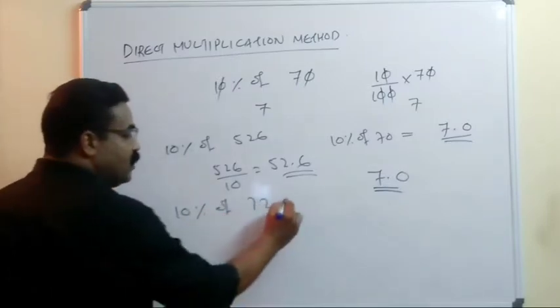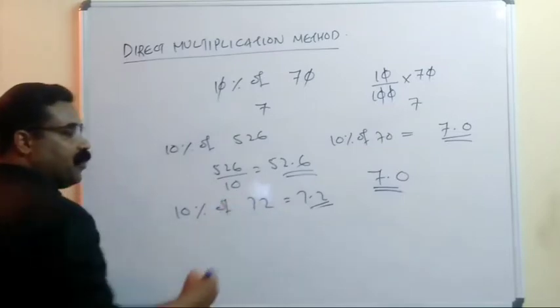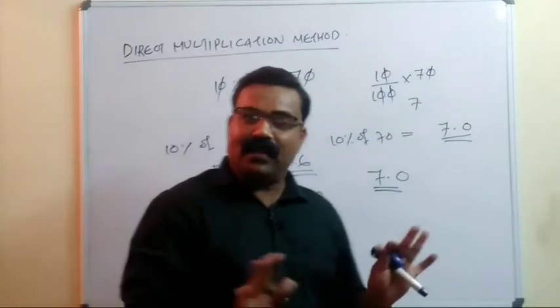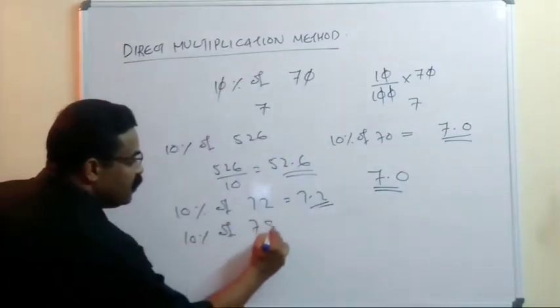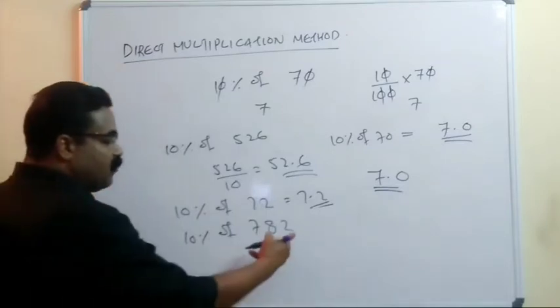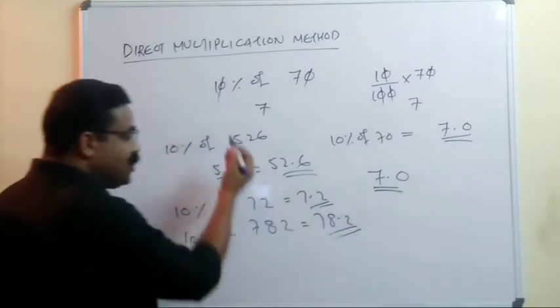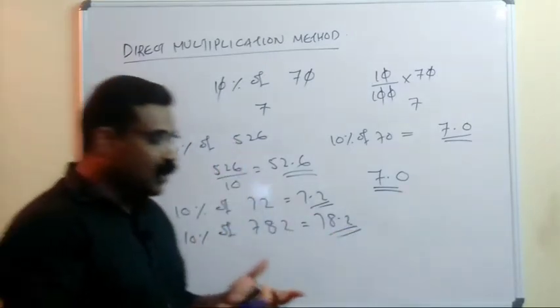I will get 7.2, because after one digit from the right I have to put the point. Putting the point after one digit is a normal division by 10. That's it. I want 10% of 782. What will the answer be? From here 1 point you have to put. So 78.2. So these are the normal things: 1%, 10%, etc.